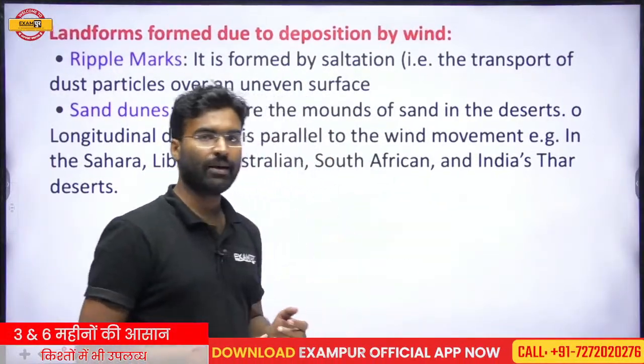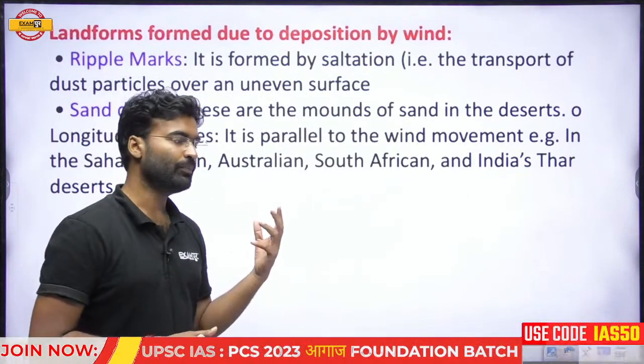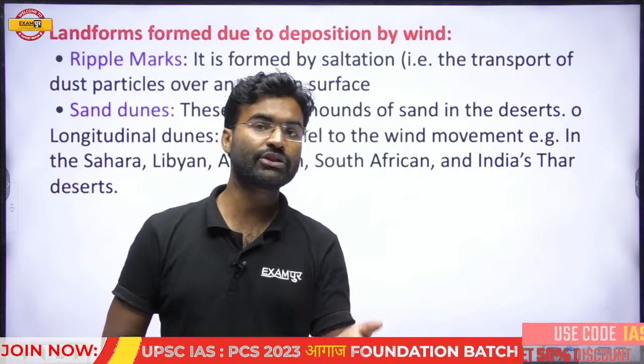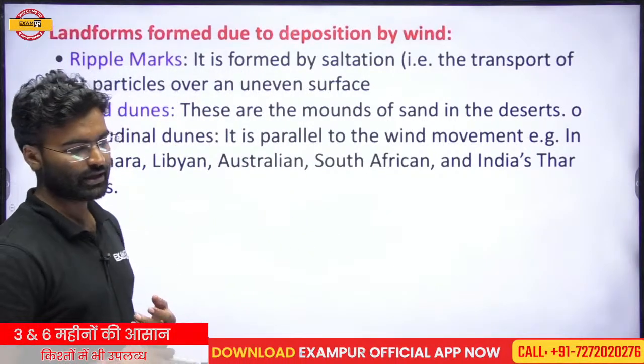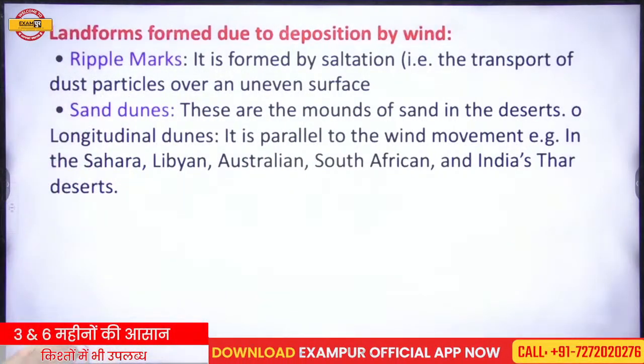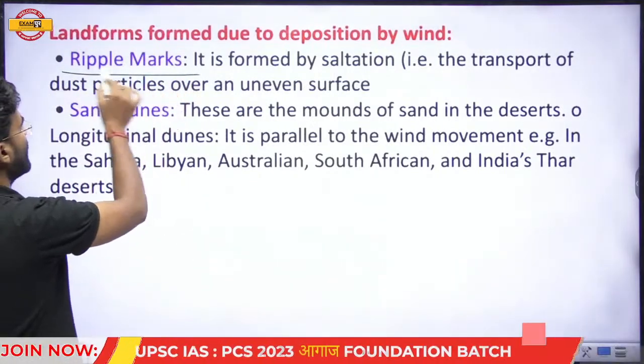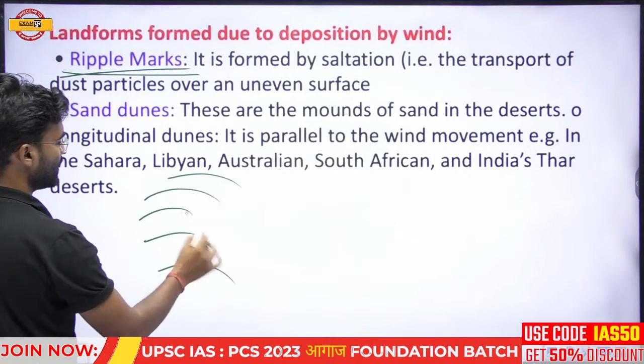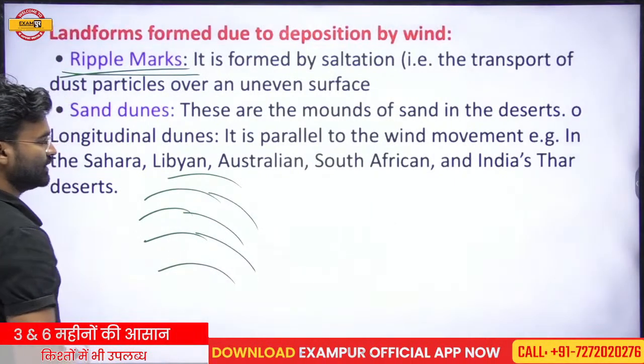And now we should look at the landforms developed by depositional activity, depositional landforms. First is the ripple marks. Ripple marks happen during deposition.